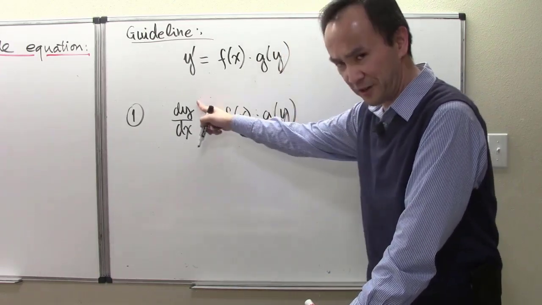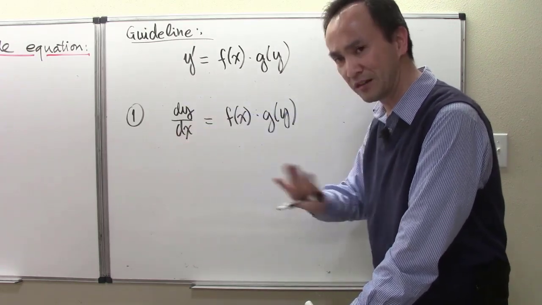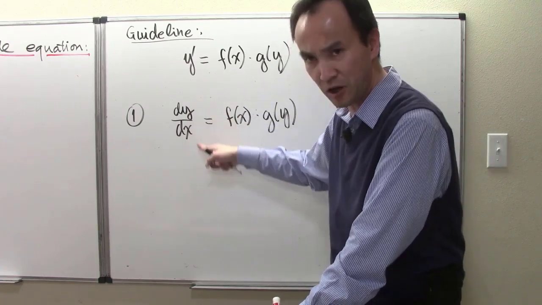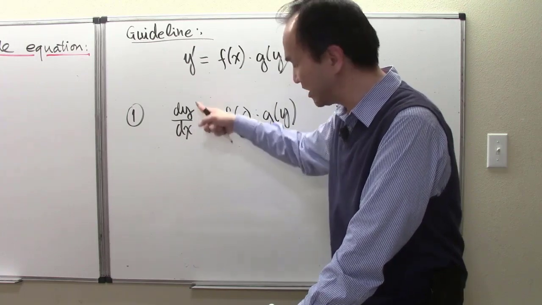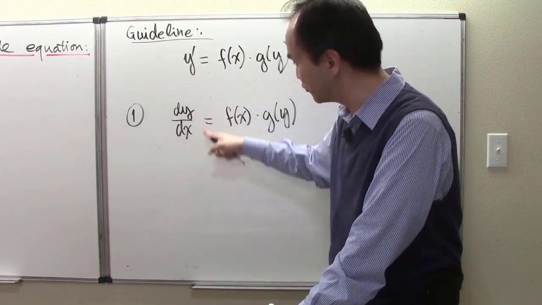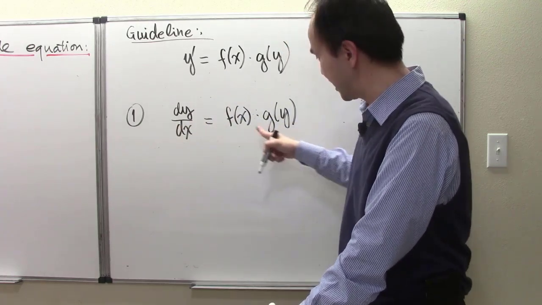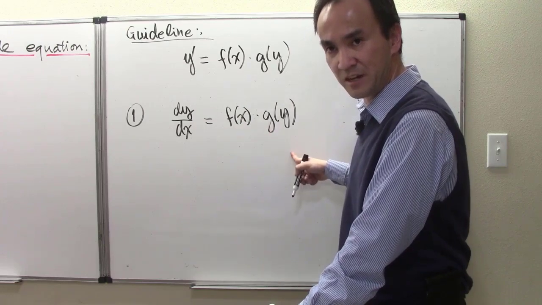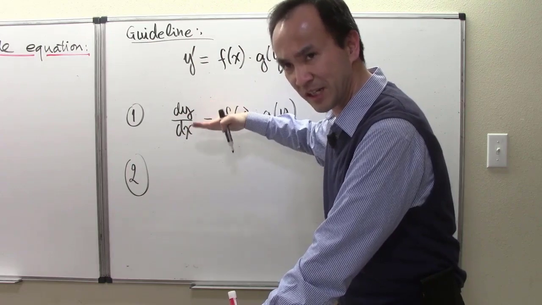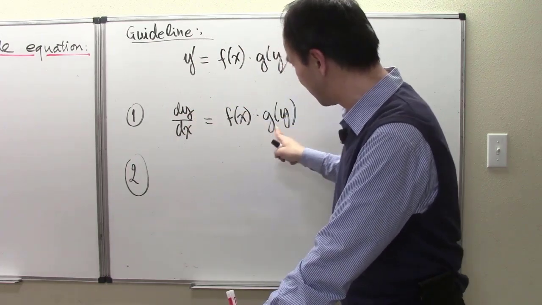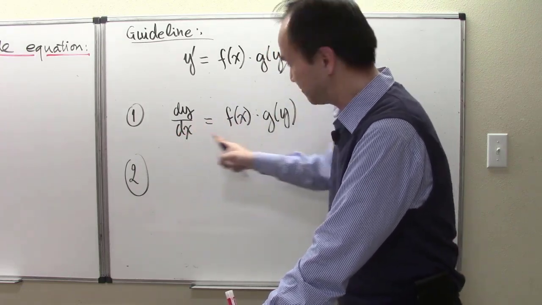Okay, and then further, just the same experience we've been learning throughout the entire Calc 2 course, we're going to see this not only as a derivative symbol, but now as a fraction of two differentials, dy and dx. So in the next step, I'm going to rearrange the differentials and the variables. In this general form, it's more clear. I'm going to divide both sides by the function g of y, and multiply both sides by the differential dx.